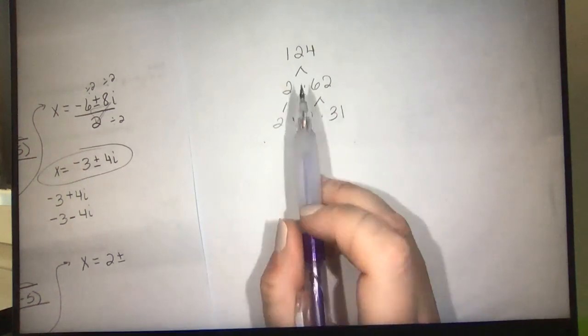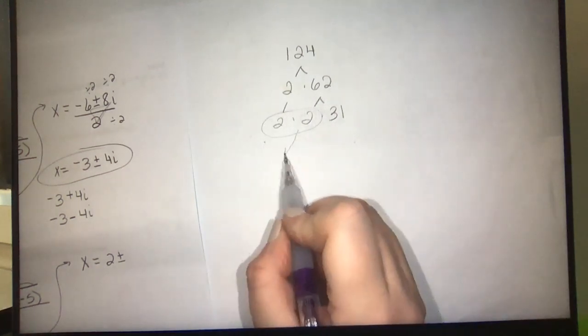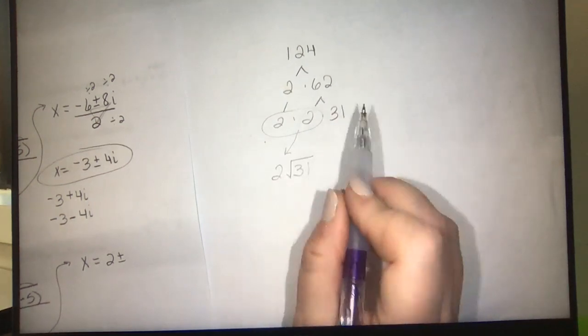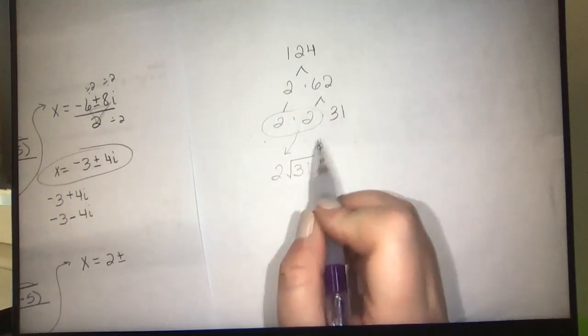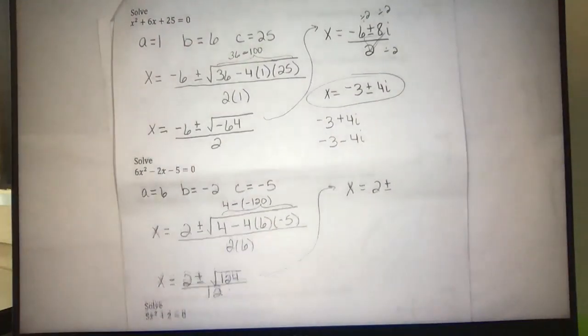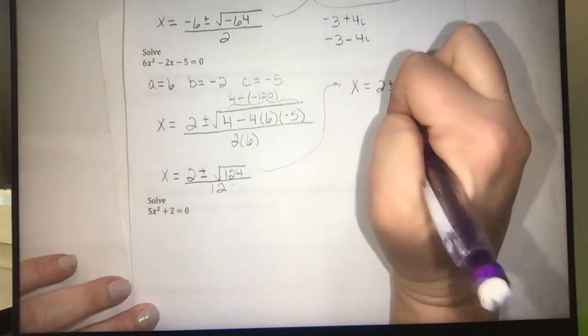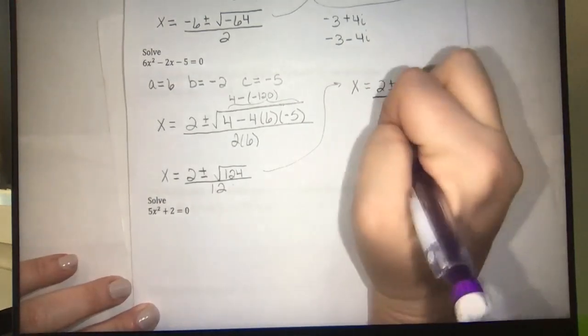Okay, so you have a square root, so that means groups of 2. So 2 comes out. Who's left under? The 31, because he's the leftover. He's the one that's not part of the group. Okay, so what you're going to have is 2 plus or minus 2 root 31, all divided by 12.